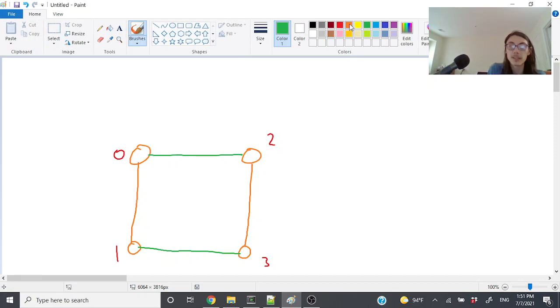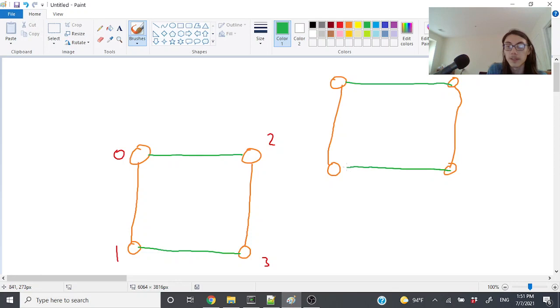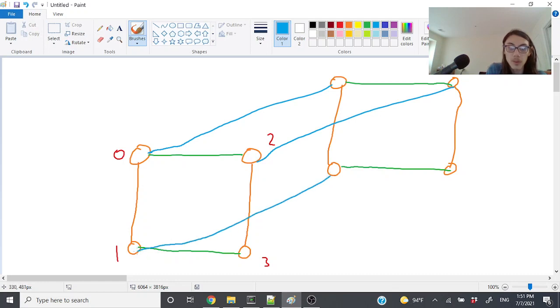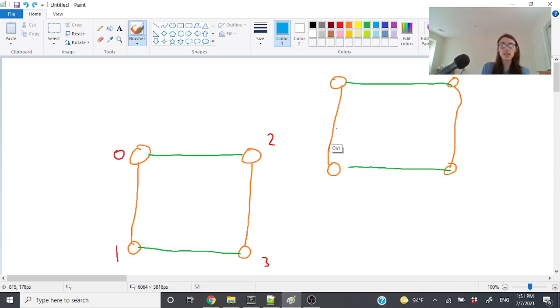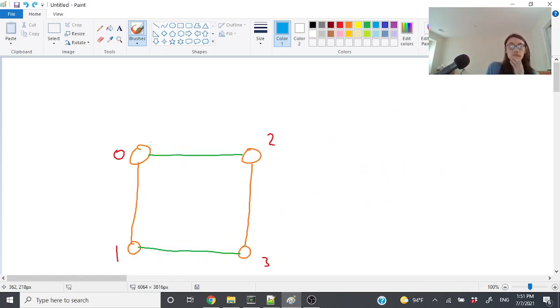Now we need to construct the next layer. So we need a 2-dimensional hypercube that corresponds to this. We must find some set of 4 nodes such that this node has an edge to 0, this node has an edge to 2, this node has an edge to 1, and this node has an edge to 3. And how do we do that? Well, let's once again start from 0.